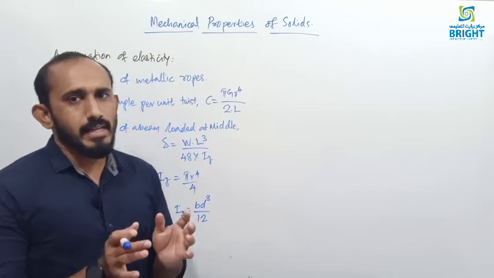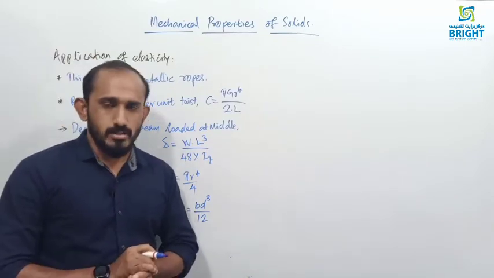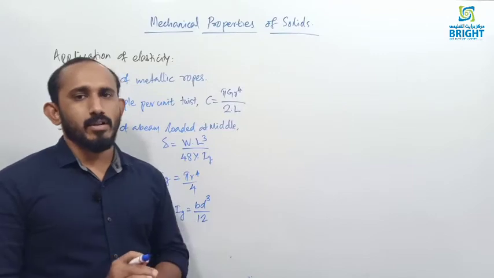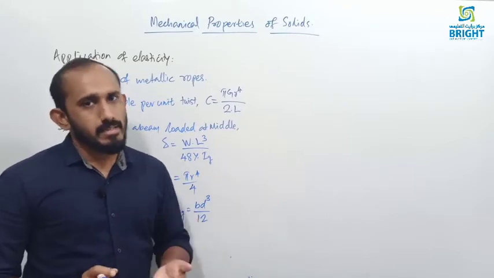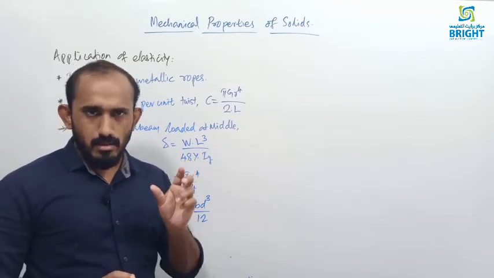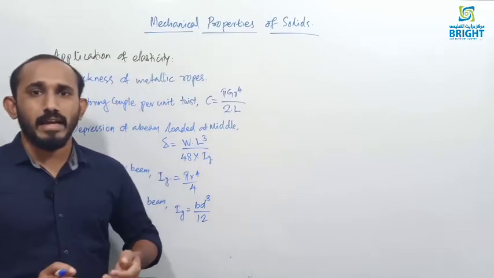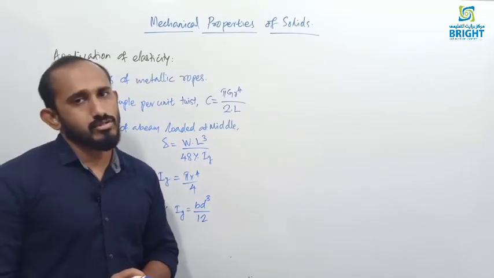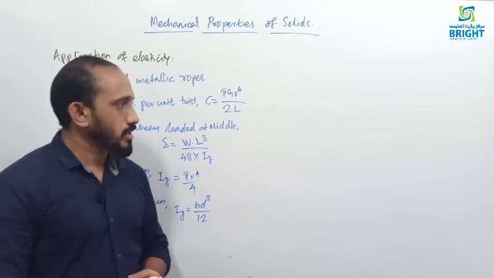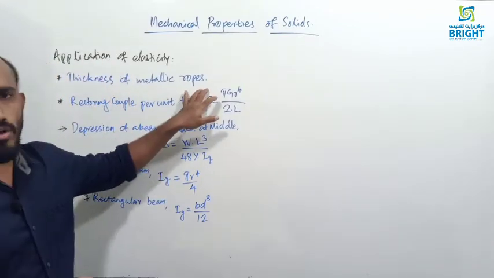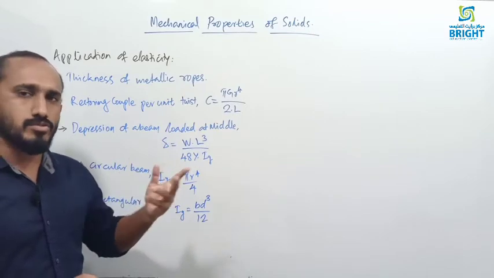See, while designing a rope or a rod, steel rods, to lift a particular weight, how to make it suitable for a particular weight or load. For that purpose, we can design the radius or thickness of the rod by using this concept. So the thickness of the metallic ropes can be decided by the Young's modulus equation.